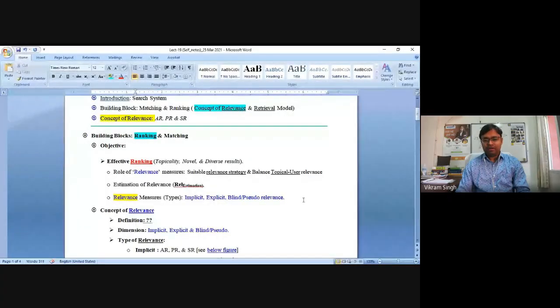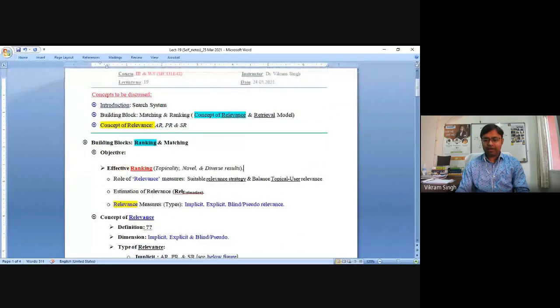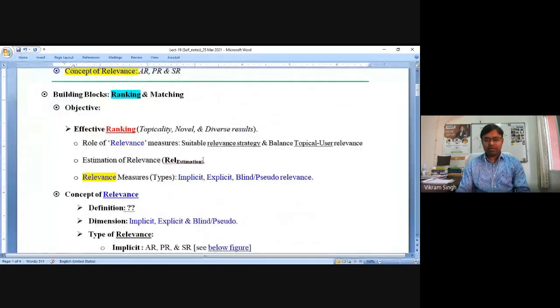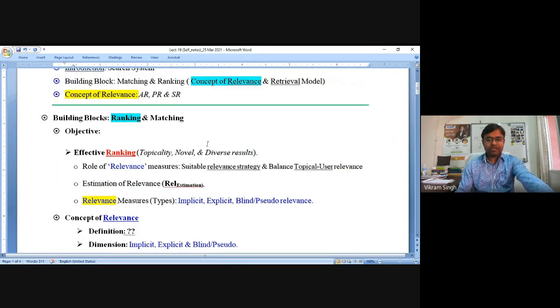All right, so that's what we have talked about, and then we have taken this retrieval model. The retrieval model we will naturally be discussing in the upcoming classes when both ranking and matching will be explained sufficiently. So today our focus is to understand these three dimensions of relevance, right?